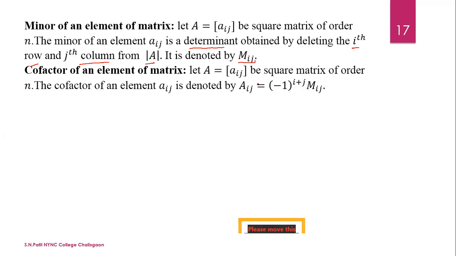And the cofactor of an element is denoted by Aij, defined as Aij is equal to minus 1 raised to i plus j, this is the position of that element, into Mij. Mij means the minor of that element. Okay, let us take the example.